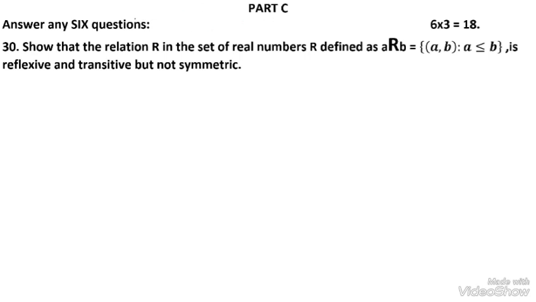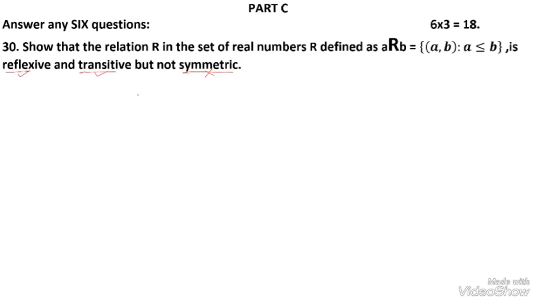Okay, first question. Show that the relation R in the set of real numbers defined as A related to B such that A is less than B is reflexive and transitive but not symmetric. It means we have to check the conditions reflexive, transitive and symmetric. The relation holds the reflexive and transitive properties but doesn't hold the symmetric property.